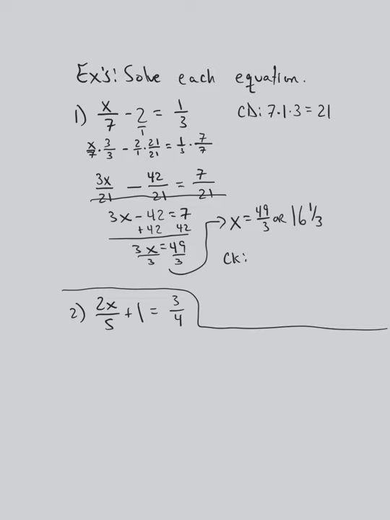Okay, so my original equation is x over 7, but we think x is equal to 49/3. By the way, always check with the improper form. One thing I haven't mentioned enough is 16 and 1/3 is really shorthand for 16 plus 1/3. So if you're going to check with the mixed form, you have to type in 16 plus 1/3 on your calculator, which is kind of a pain.